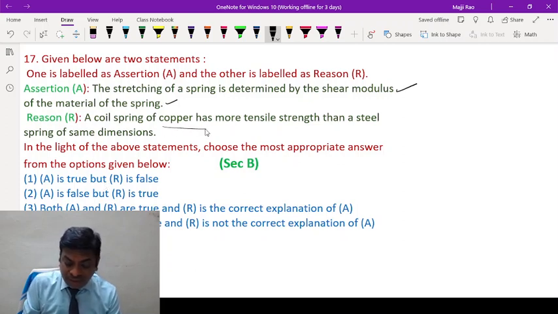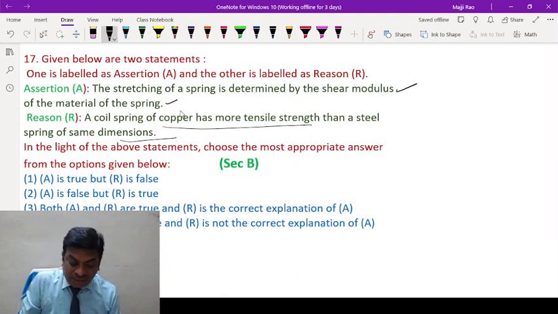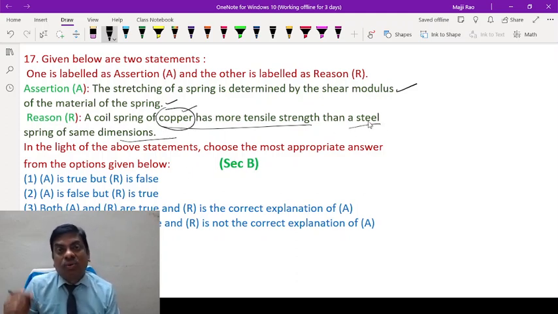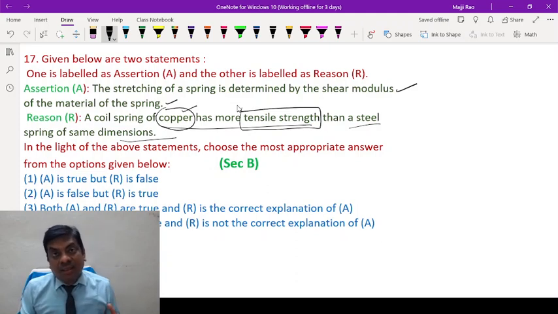Moreover, this statement is incorrect because if you look into any standard handbook of physics, students, you will find that the tensile strength of copper is lesser than that of steel. Steel is harder than copper. By tensile strength, we mean the stress at which a copper wire will break.